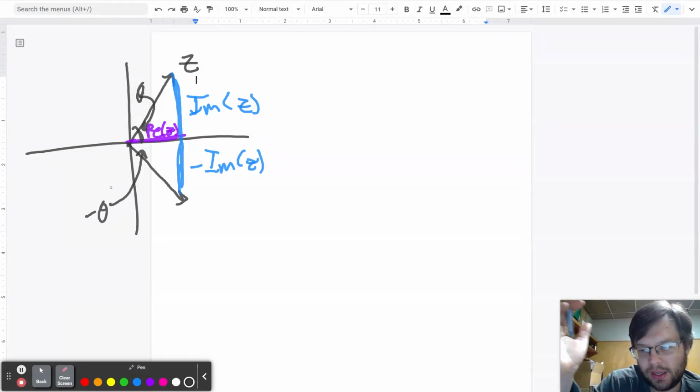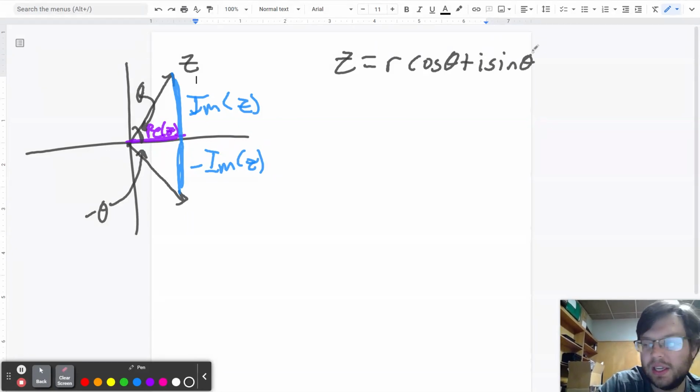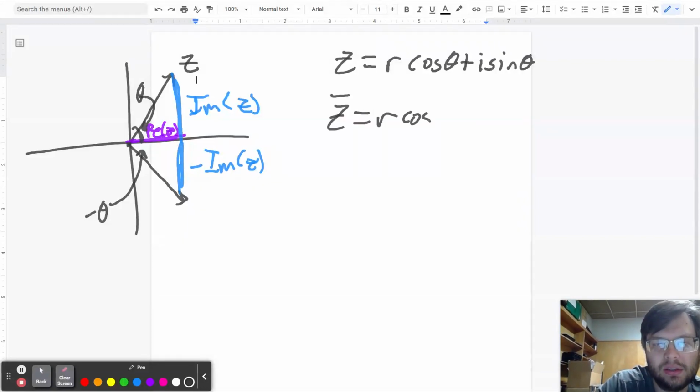And so what we have talked about is that every complex number can be written as r cosine theta plus i sine theta. So now we know that the conjugate is r cosine negative theta plus i sine of negative theta.